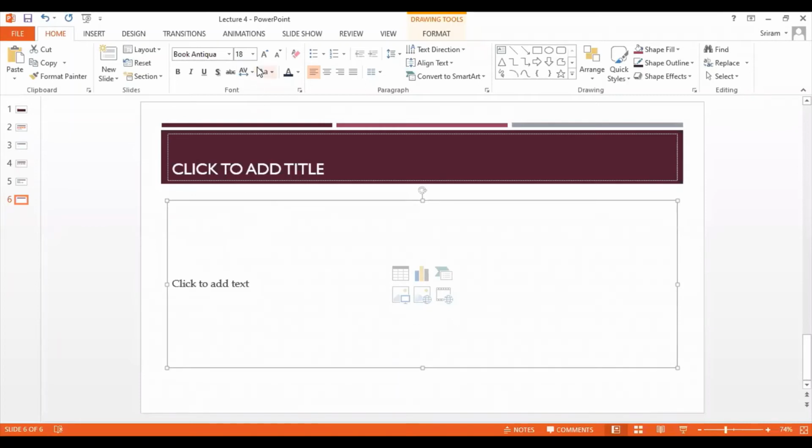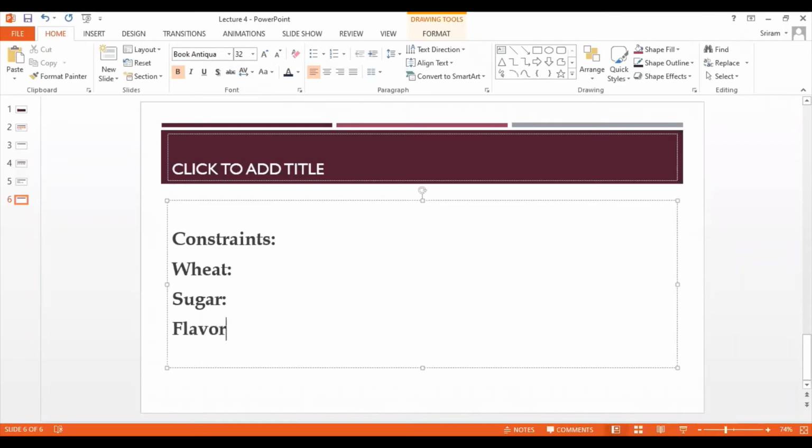We are having three resources: wheat, sugar, and flavor. For these three, I am going to construct the constraints.